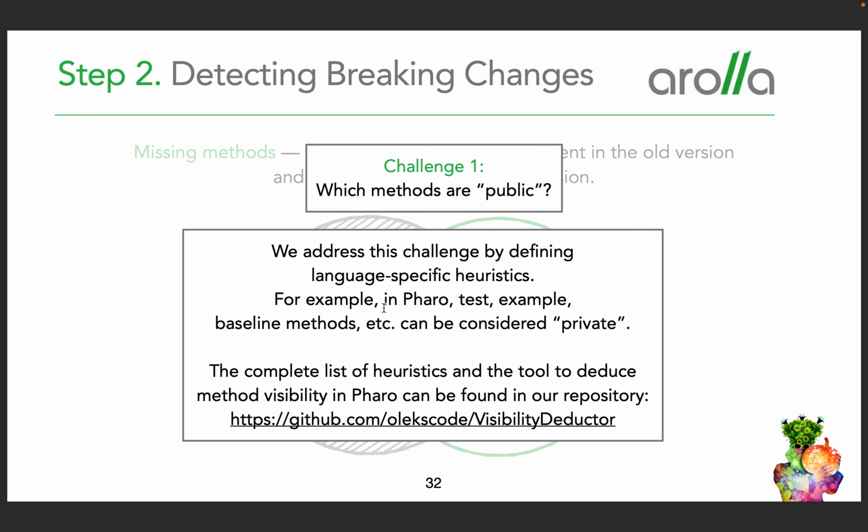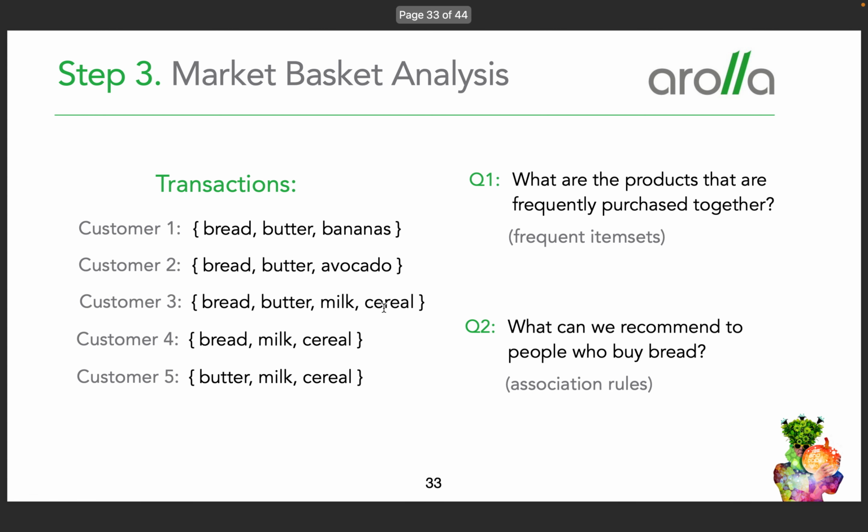So we write this kind of heuristics, and they can also be written for other languages. And for Pharo, we publish them in the public repository. So this way we cannot clearly know what is an API, but we can use our knowledge of the language to infer that at least this is our approximation of what the API is in this project.